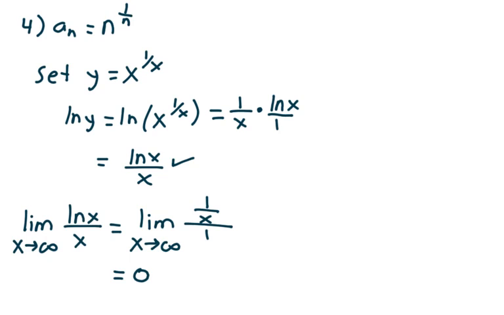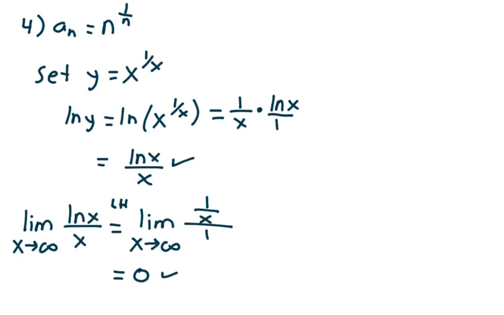The limit as x goes to infinity of natural log of x over x, by L'Hopital's rule, is equal to the limit as x goes to infinity of 1 over x over 1. But as x gets bigger and bigger, 1 over x goes to 0.